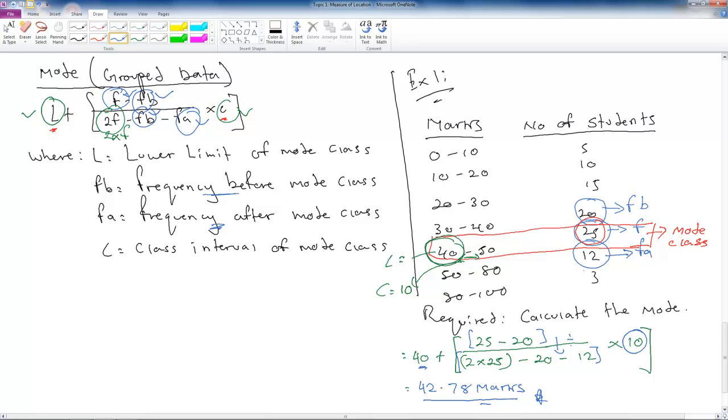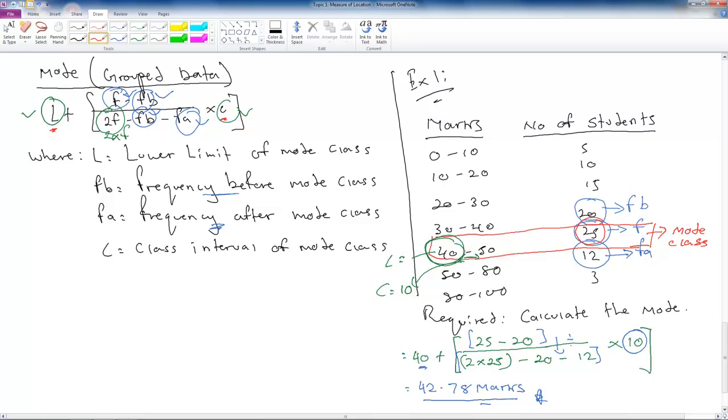So that's how you calculate the mode for grouped data. The first step, you identify the highest frequency, which is 25. Second step, you go for the frequency before. Third step, you go for the frequency after. Fourth step, the highest frequency becomes the mode class, which is the whole row.